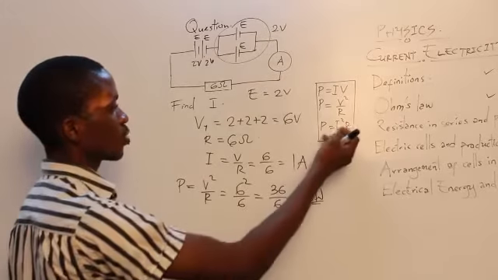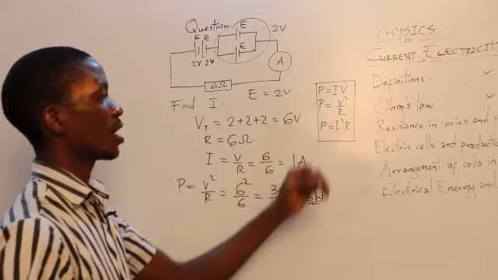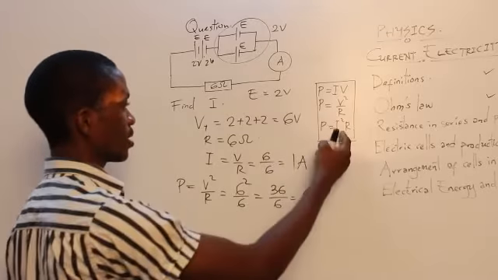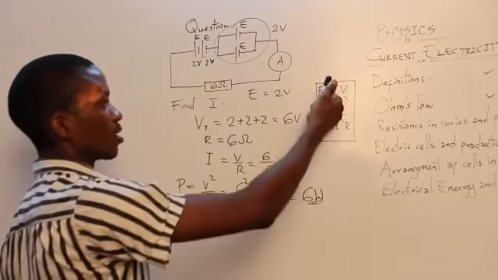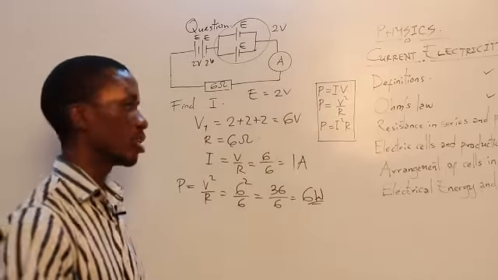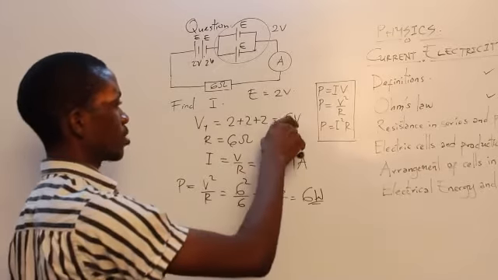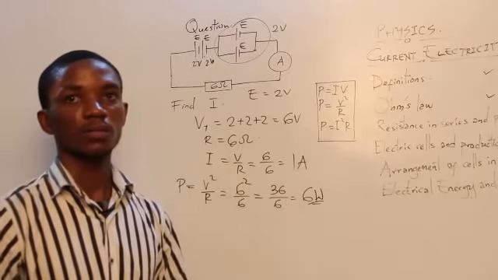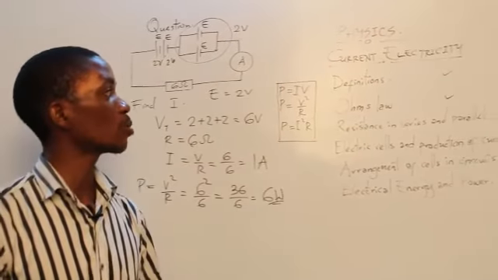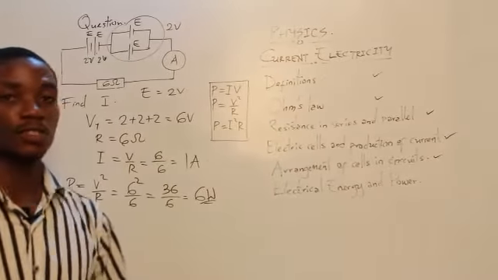If you try I squared R, 1 squared, that's 1, multiplied by 6, which is our R, gives you 6 watts. If you try IV, you get the same answer: 1 times voltage, which is 6, is also 6 watts.